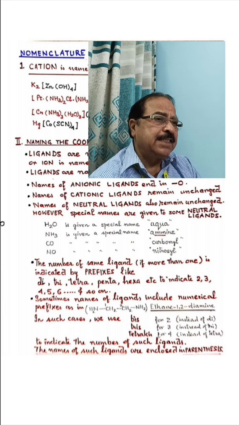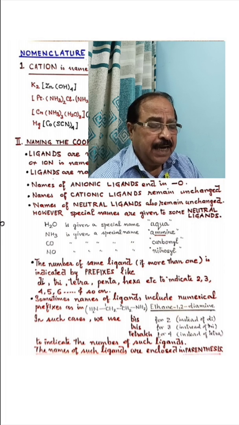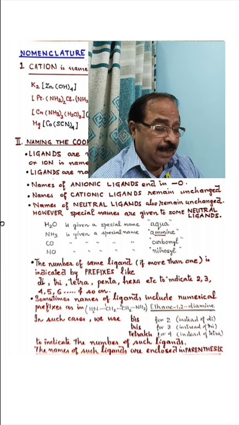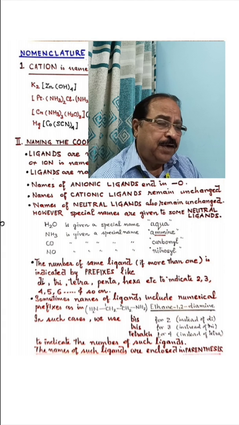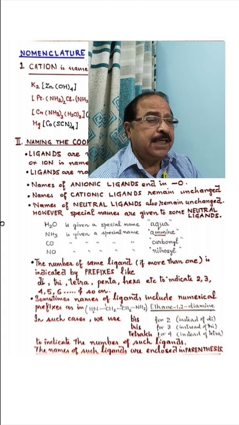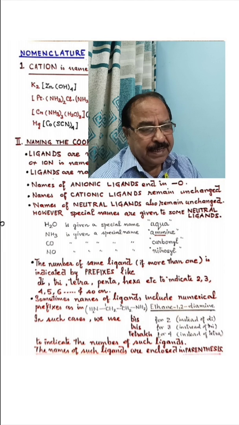In such cases, if we have to indicate the number of ligands, we will not use di, tri, tetra, etc. In that case, we will use bis for 2 and tris for 3 ligands and tetrakis for 4 ligands and so on. And another important point is, the names of such ligands are always enclosed in brackets.